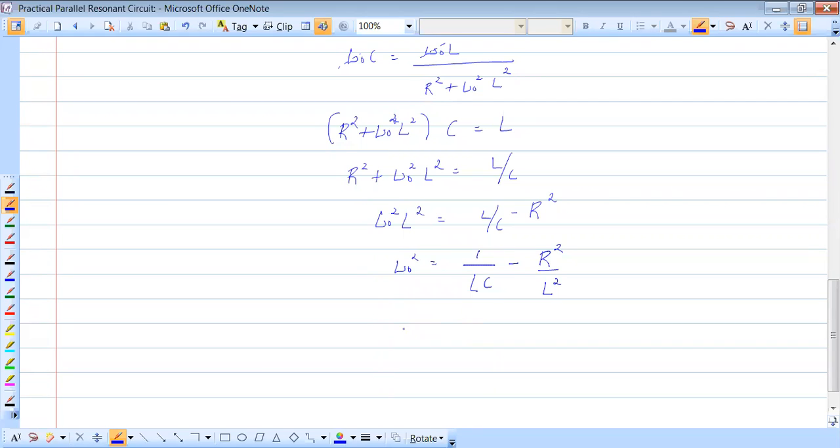Fine. So this further implies that our omega naught is square root of 1 by LC minus R square by L square. So this is omega naught in terms of radians per second.